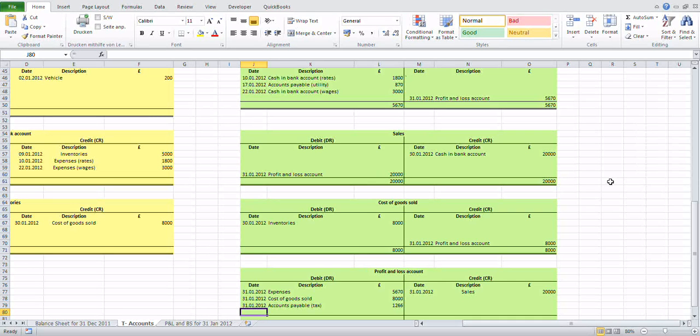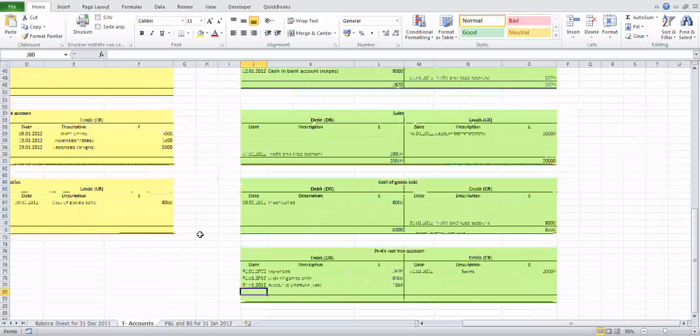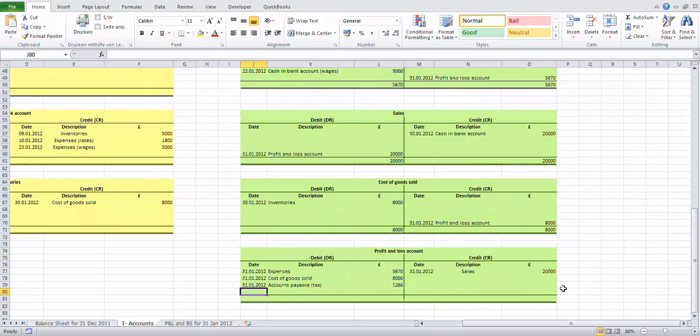Very good, so far so good. Now let's check if there's anything else missing for the profit and loss account before we can balance it. Not really, we can close the accounts, nothing else there. Therefore we need to balance it.